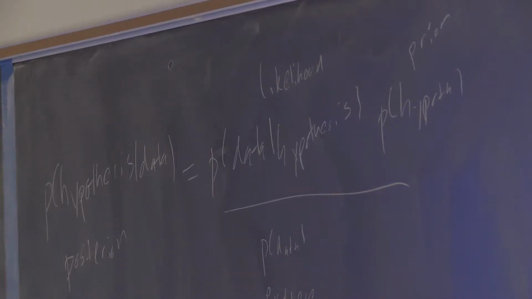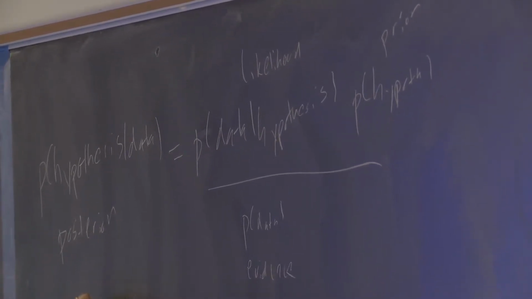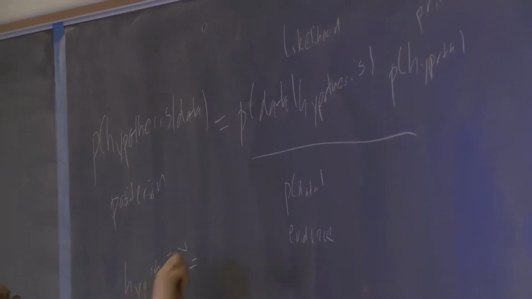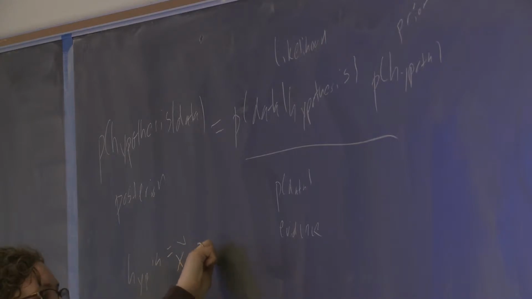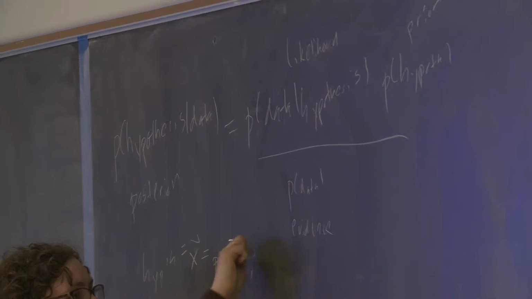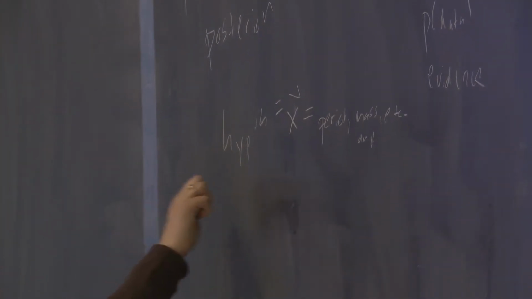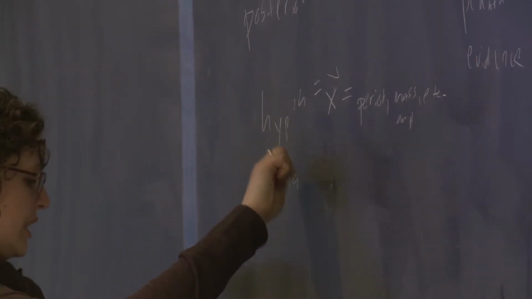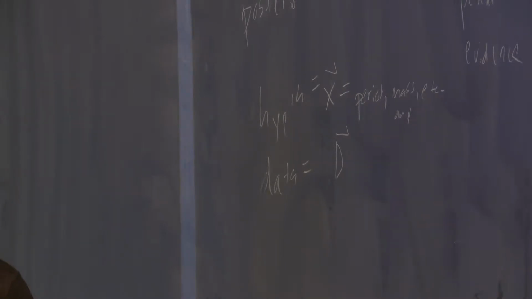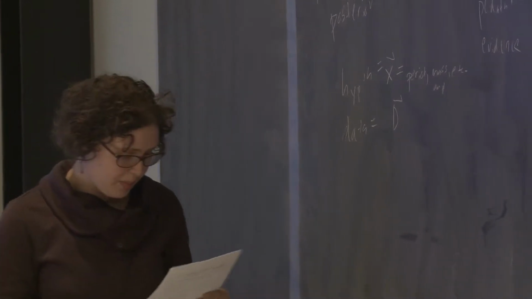When we're fitting a set of parameters to our data set, the hypothesis we'll call a vector x. This is the period, the mass or amplitude, etc. This is all the parameters in the model. And then the data we'll call d. In this case, it's a radial velocity time series. It could be a transit time series or any of the techniques that I mentioned.